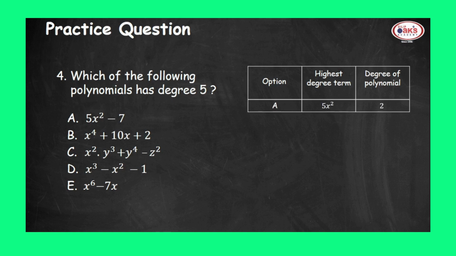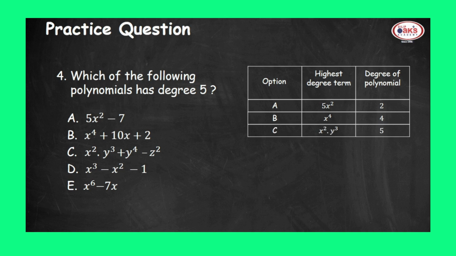Now you see in option A, the highest degree term is 5x square and the total degree of that term is 2. Therefore, the polynomial present in option A will have degree 2. In option B, the highest degree term is x power 4 and therefore the degree of that entire polynomial is automatically 4.